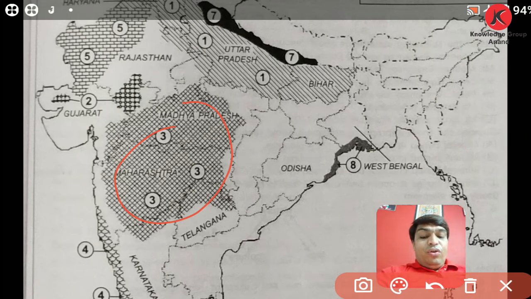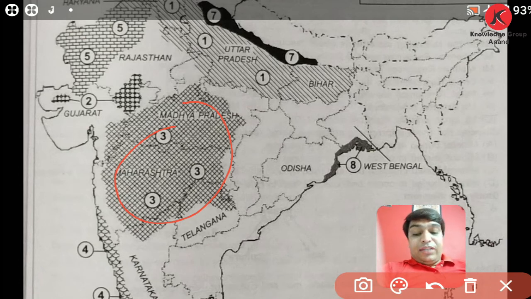Friends, as we all know about black soil, it is believed that black soil was formed due to the solidification of lava spread over a large area during the volcanic activity in the Deccan Plateau thousands of years ago. We can say that these lava rocks and climate play a very important role in the formation of this black soil. Black soil is very fertile, friends.